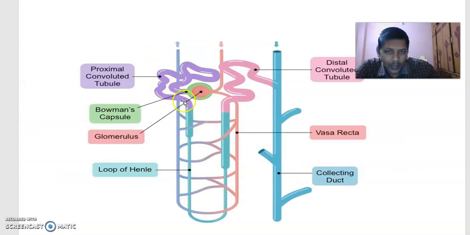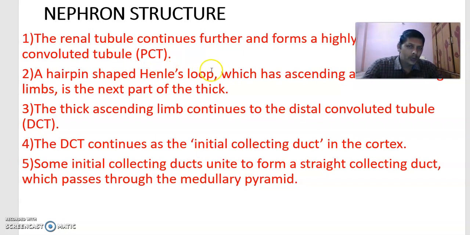This is the descending limb, this is the ascending limb. In the ascending limb there are two parts: one is the thin part, another one is the thick part. The hairpin shaped loop of Henle is the next part of the nephron.